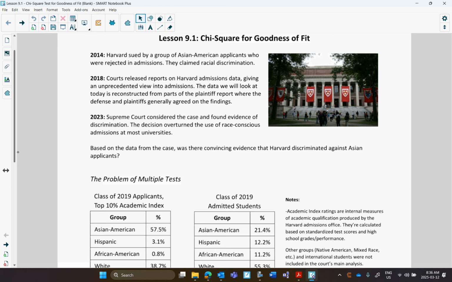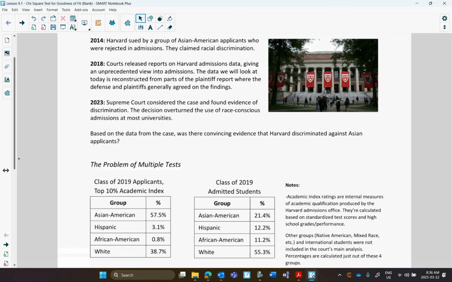But because it was in the courts, they had to. So people got an inside look at some of the numbers. And in 2023, the Supreme Court considered the case and did find evidence of discrimination, and so it overturned the use of race-conscious admissions at most universities.